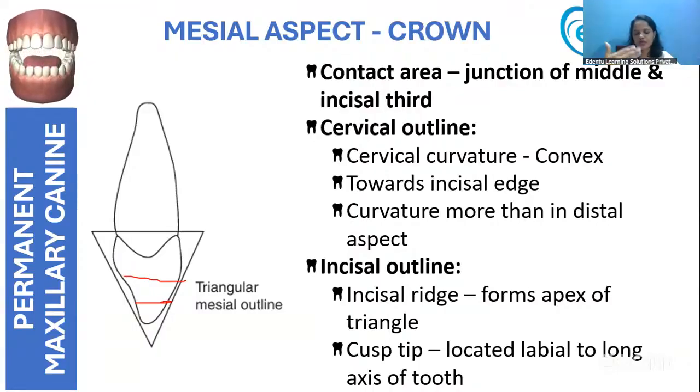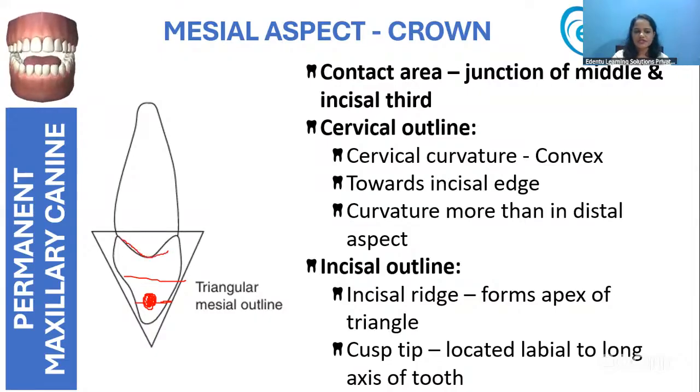So the contact area of this permanent maxillary canine will usually be at the junction of the middle and the incisal thirds. At this point, you will be able to see the contact area with the adjacent lateral incisor.